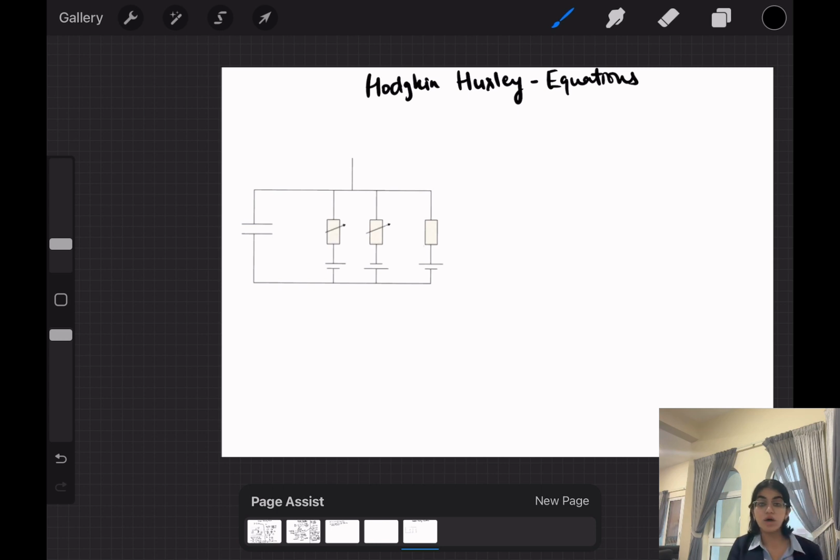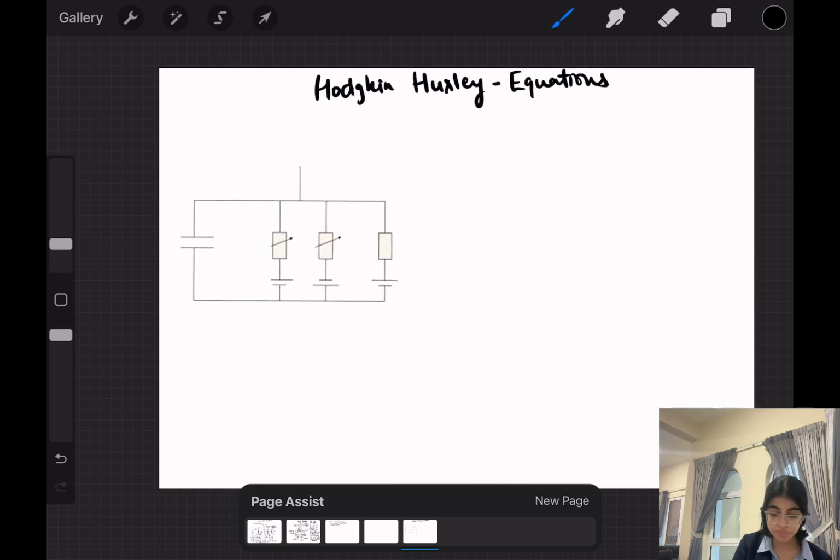So Hodgkin and Huxley inserted current into the axon of a squid, which works as a circuit, as I have displayed here, and they found the two dominant types of ions were potassium and sodium, and there was a leak type of ion, which was a summary of all the other ion channels.